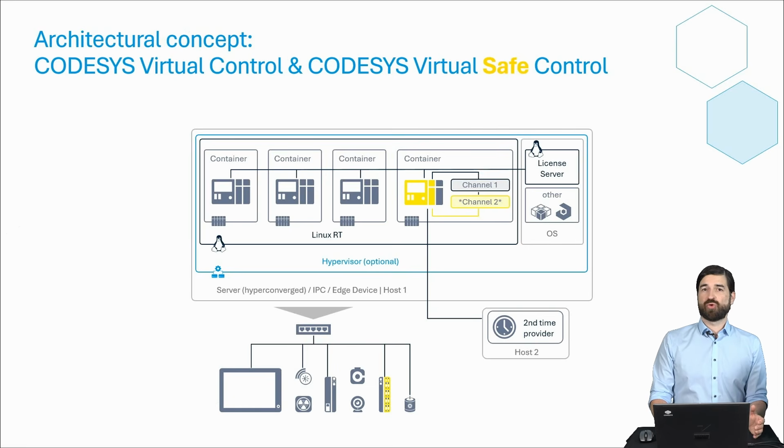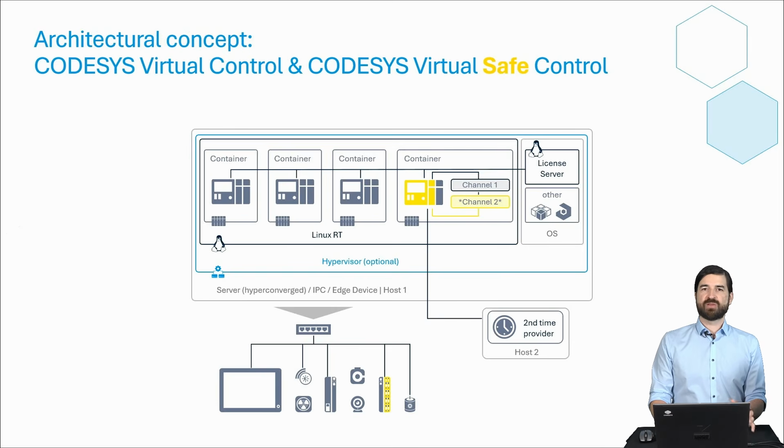And that's it. One extra time source on a separate host. Everything else runs on your existing standard hardware. And in fact, we're already working with leading partners to develop a solution that will allow even a second time source to run on the same host while still maintaining a safety rating.